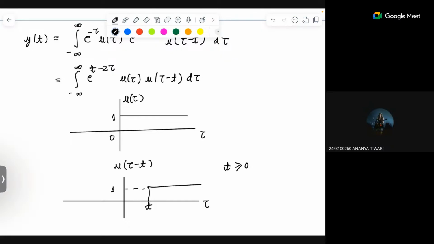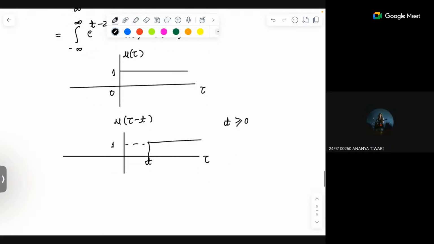Okay. So for t greater than or equal to 0, we know our limit. Let us see for t less than 0. If t is less than 0, will my signal be advanced or will it be delayed? Advanced, because it would be negative. Yes. So negative negative will become positive.